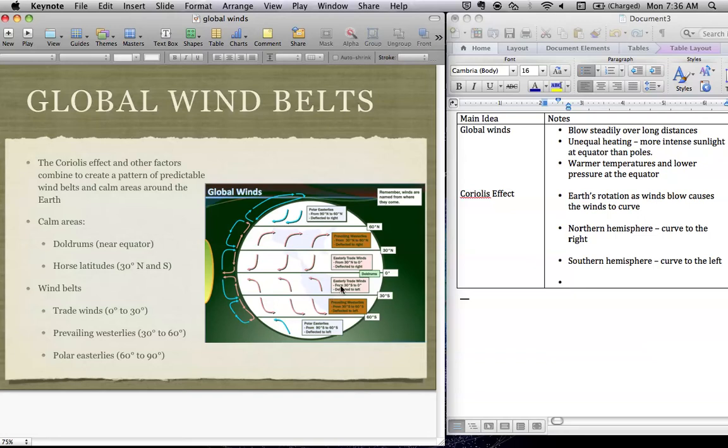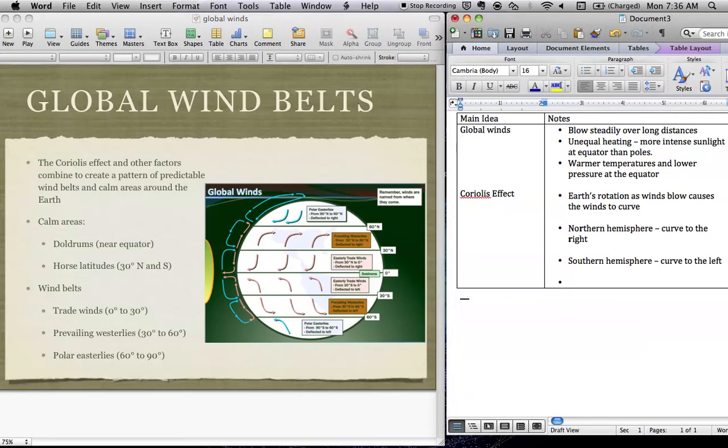Then we get our wind belts. We have trade winds here, prevailing westerlies, right? Remember, winds are always named for where they come from. These come from the west. And then polar easterlies. So for our notes, we can say that these are global wind belts.